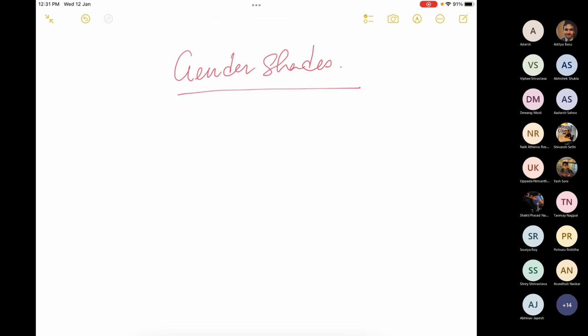While white-skinned people were easily getting recognized, dark-skinned people like her were not getting recognized by this particular facial recognition system. That was the main idea. And then she also noted that when she puts a white mask on her face, the face gets detected.